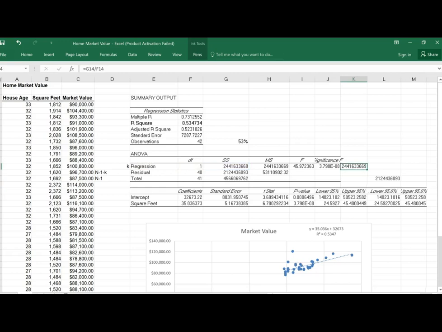I get the same number. And if I do that for the line below, again, check out what's being divided by what. If I take my residual sum of squares and divide it by the degrees of freedom for the residual, I get the mean squared.